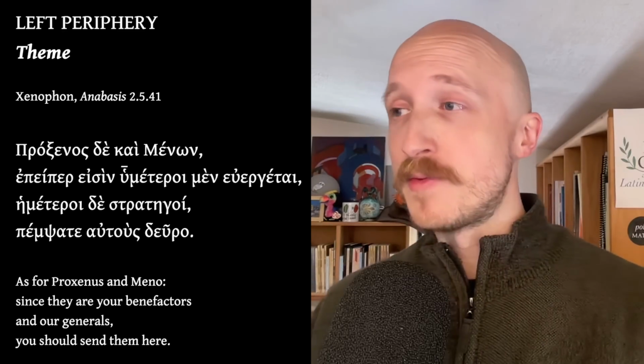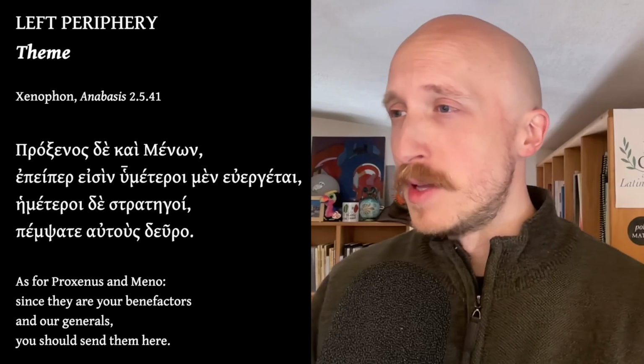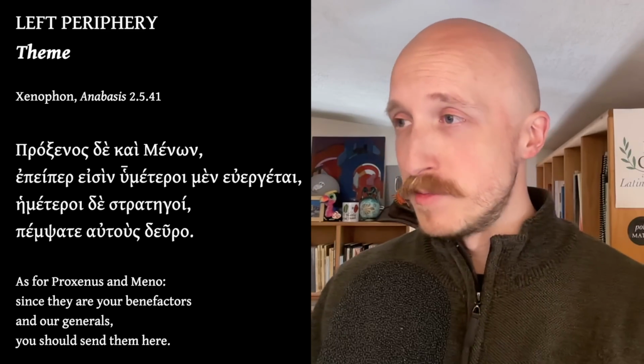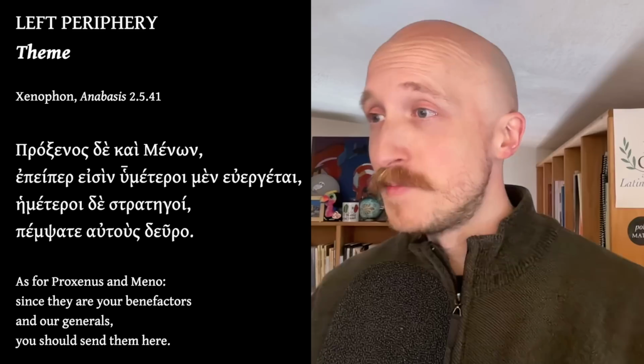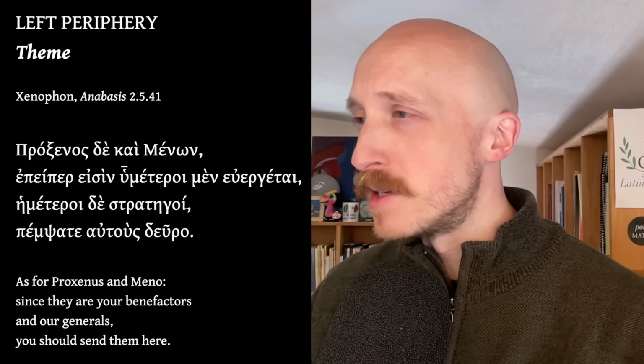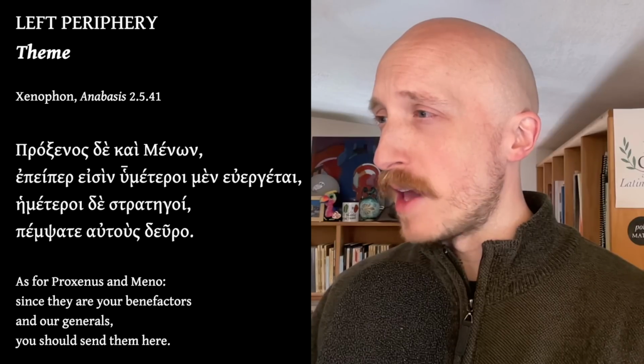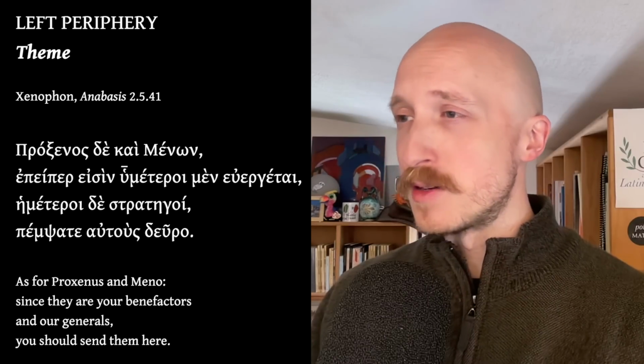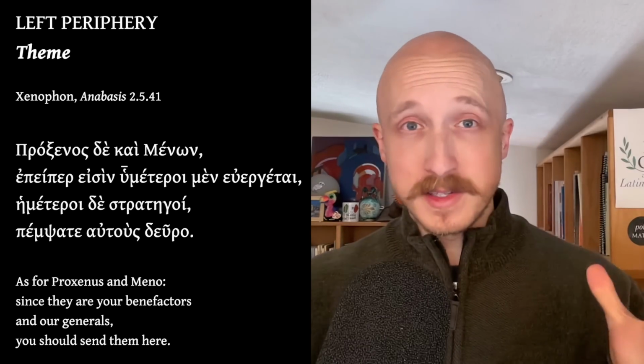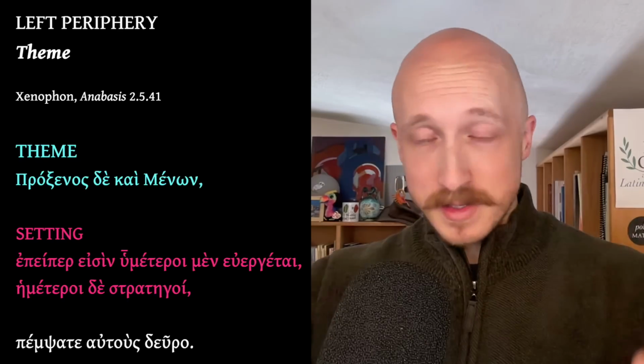So it's setting. Another thing that's really interesting are themes. Well, what are themes? Themes, that's something that can come even before the setting in this left periphery of the sentence. For example, proxenos de kai Menon, as for these two guys, epei peri eisin humeteroi men euergetai, hemeteroi de strategoi. That's the setting, epei, right? Since.